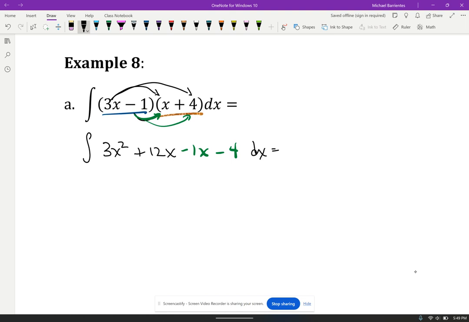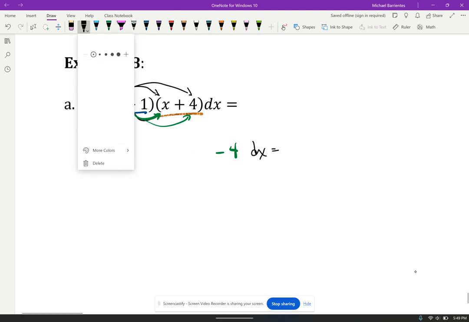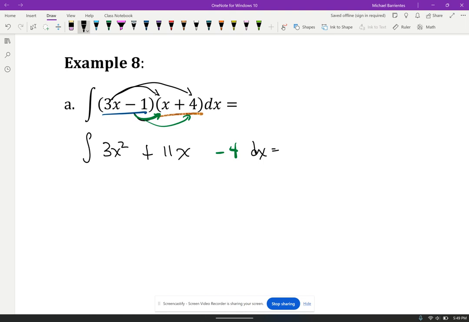And then, of course, I can put these together in the middle here. If I have 12x's and I'm subtracting 1x, then I have 11x's. So I'm going to say this is plus 11x. Great. Now I'm going to use the properties of integrals and say I can split these up. I'm not going to show that, but the middle step would look like this.